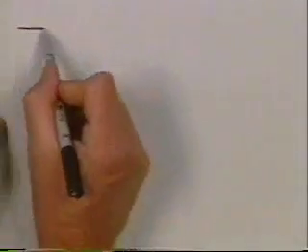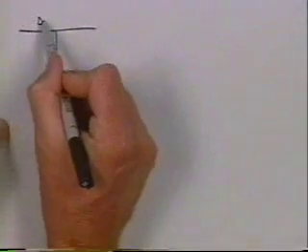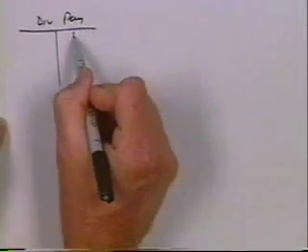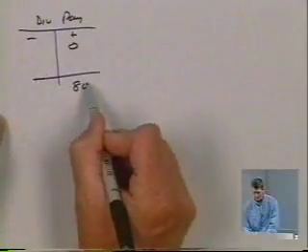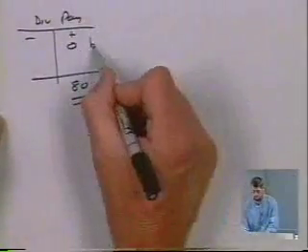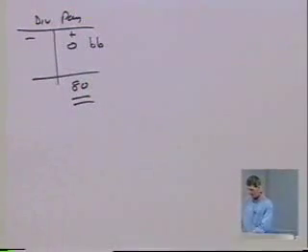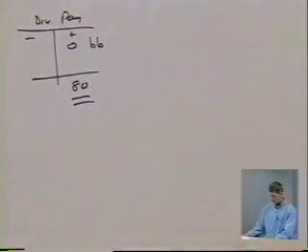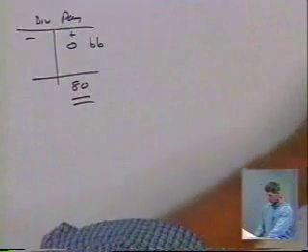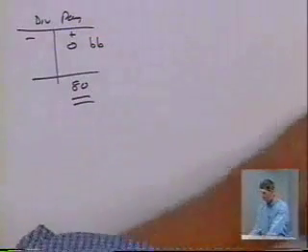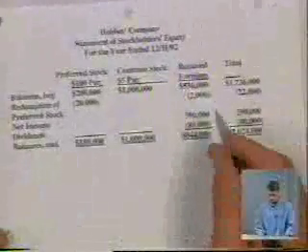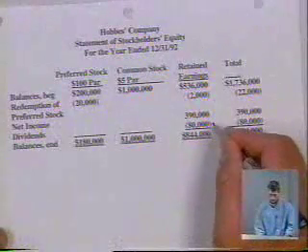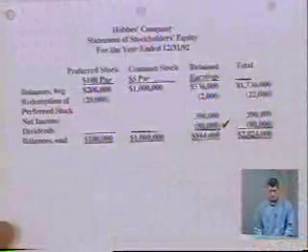Dividends payable, a liability account, went from a 0 beginning balance to an $80 ending balance. And we then ask the question, what was declared during the year? We go to the statement on the reconciliation of stockholders' equity, and we see that they declared $80,000 worth of dividends during the year.